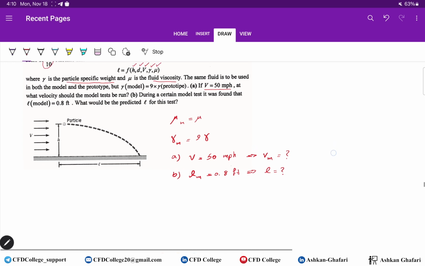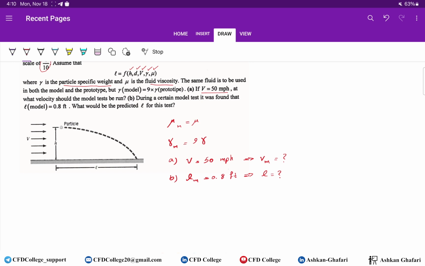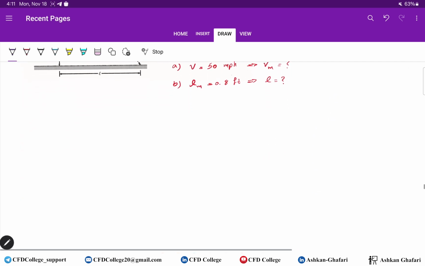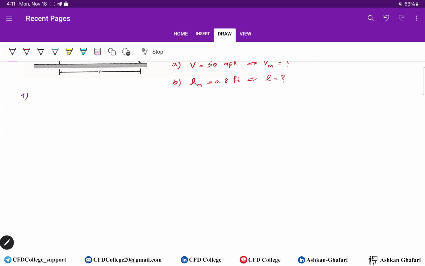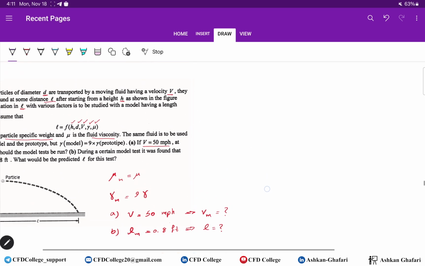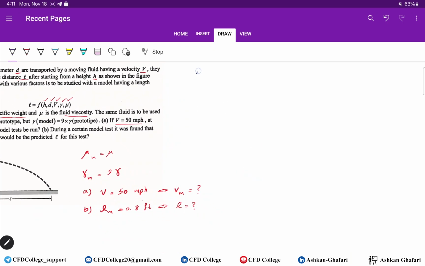Okay, good. Now we should firstly find the dimensionless groups, and then we can solve the problem. So first, making the list. It's pretty easy.